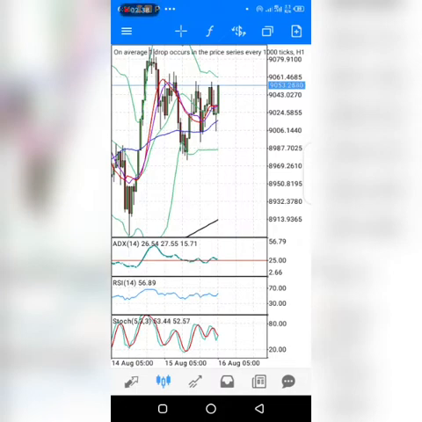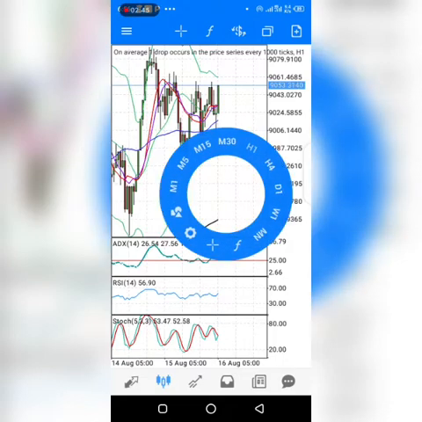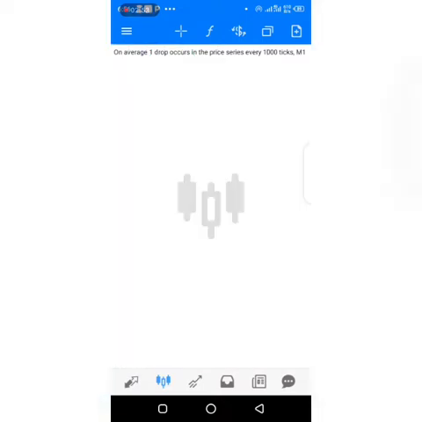Now, how do we draw our Fibonacci retracement? You first of all click the button. When you click this button, you click on your object. This is the object here.